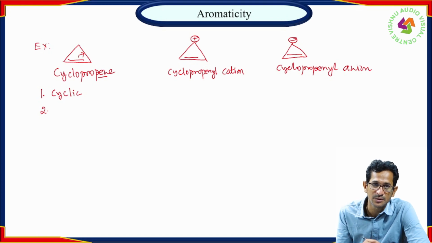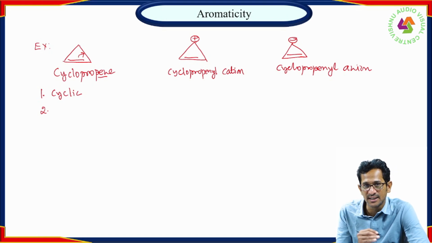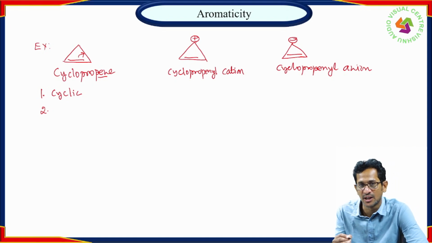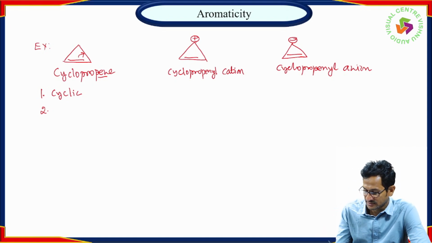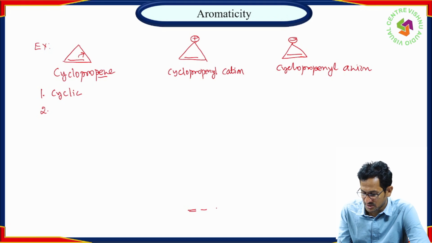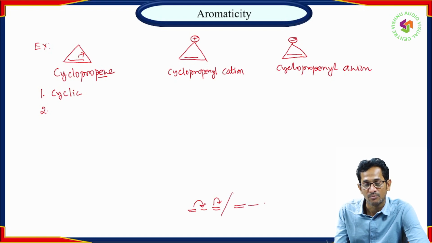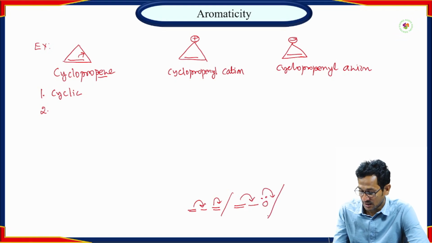Delocalization is possible when a double bond is in conjugation with a double bond, or when a double bond is in conjugation with a lone pair, let's say on oxygen, or when a double bond is in conjugation with a charge, either positive or negative.